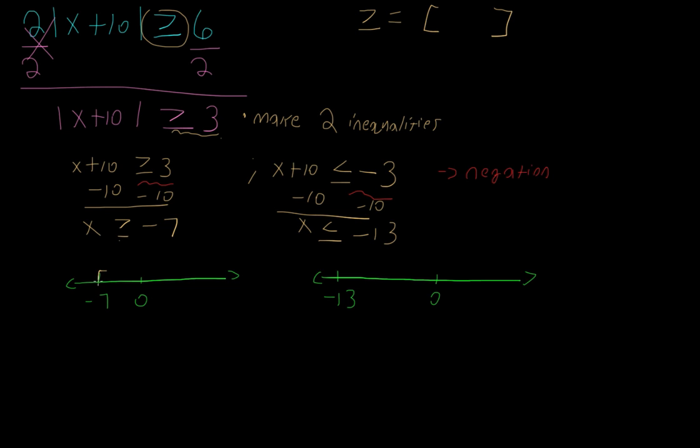Remember, equal to means we're going to use brackets. Or you can use a closed circle as well. It's greater than or equal to negative 7, so this is going this way. This is x is less than or equal to negative 13, so it's smaller than negative 13. Again, brackets to negative infinity. So let's write that. Let me move this one underneath.